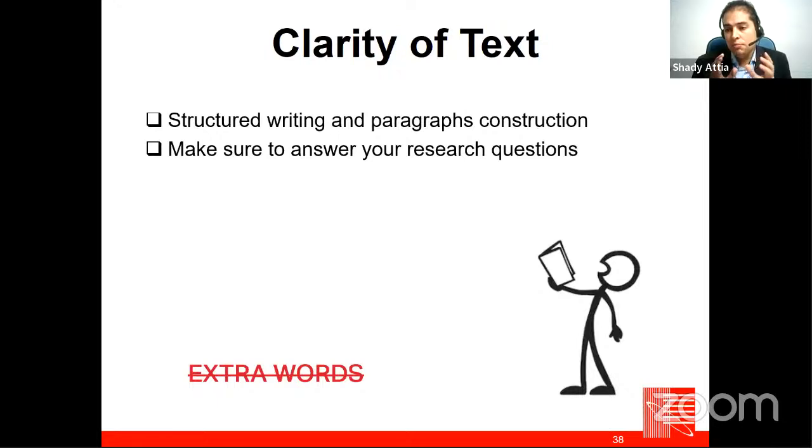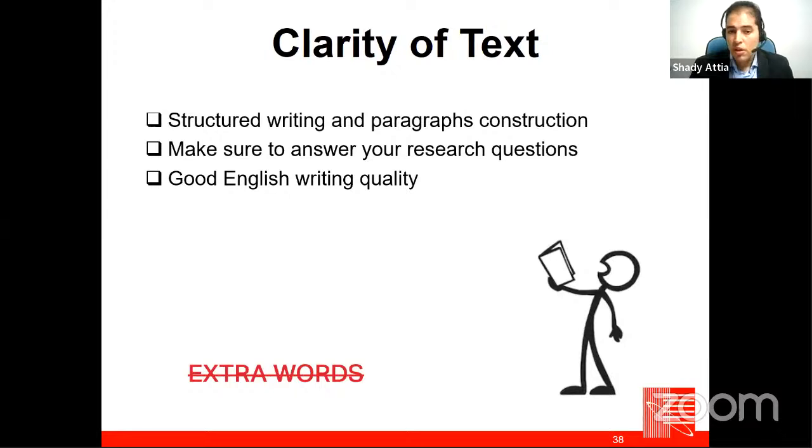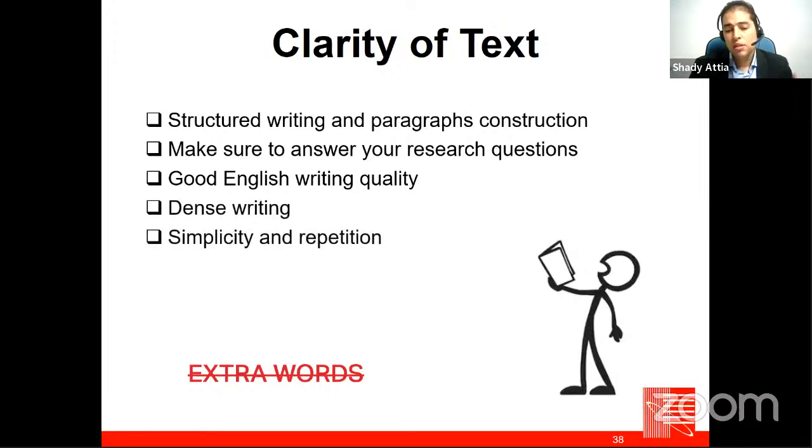This is the main control element that will make sure that your paper is well written. You have clear research questions, and you have the answers for those research questions.